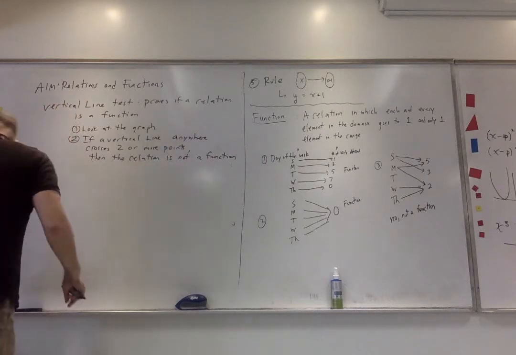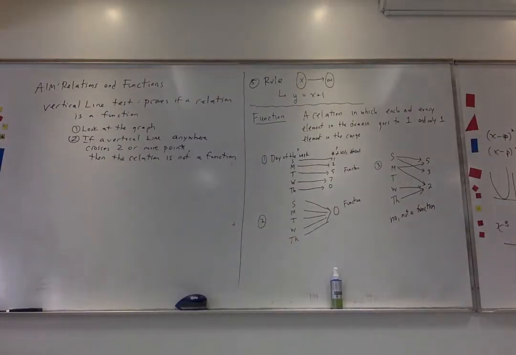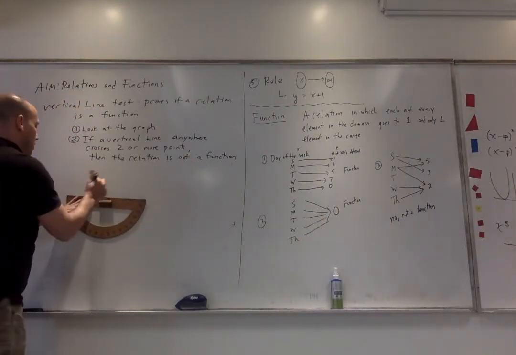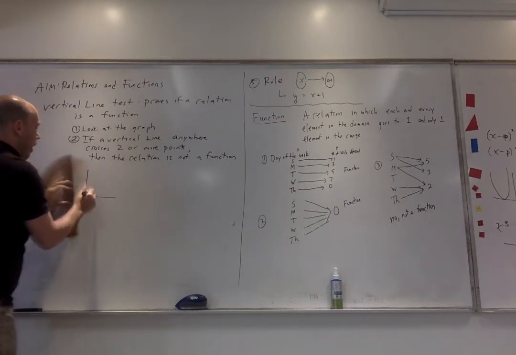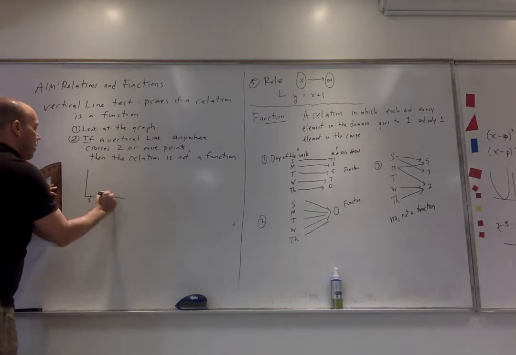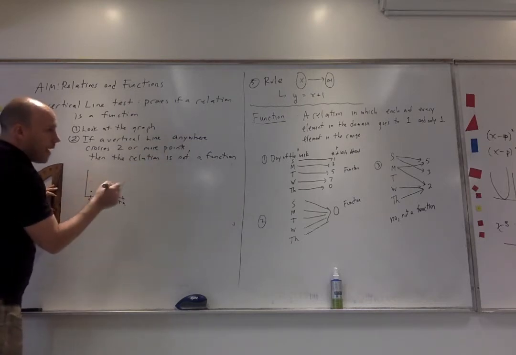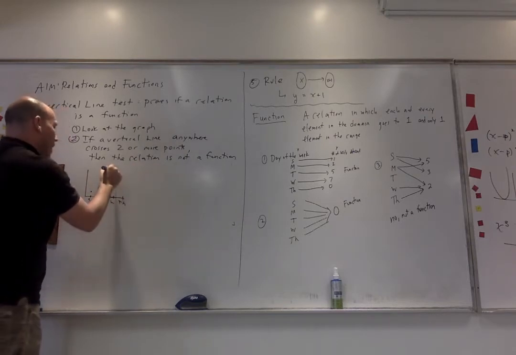Let's use this as an example. In the first example, I had Sunday, Monday, Tuesday, Wednesday, Thursday. For Sunday, I had 1. Monday, I had 2. Tuesday, I had 5. Wednesday, I had 7.